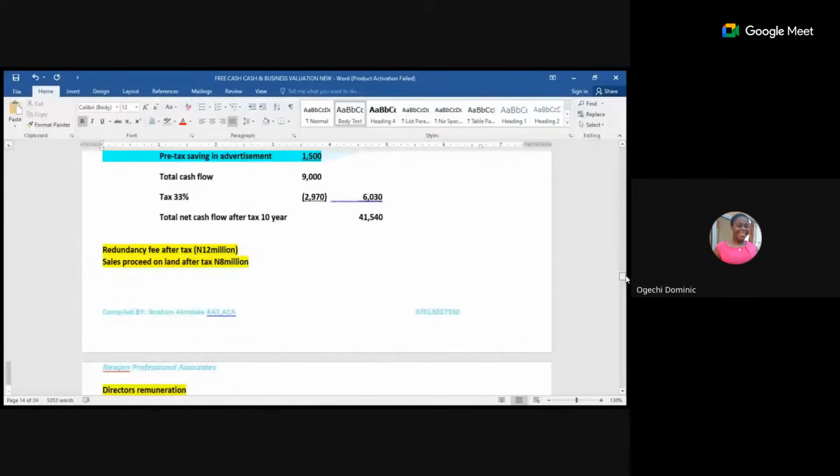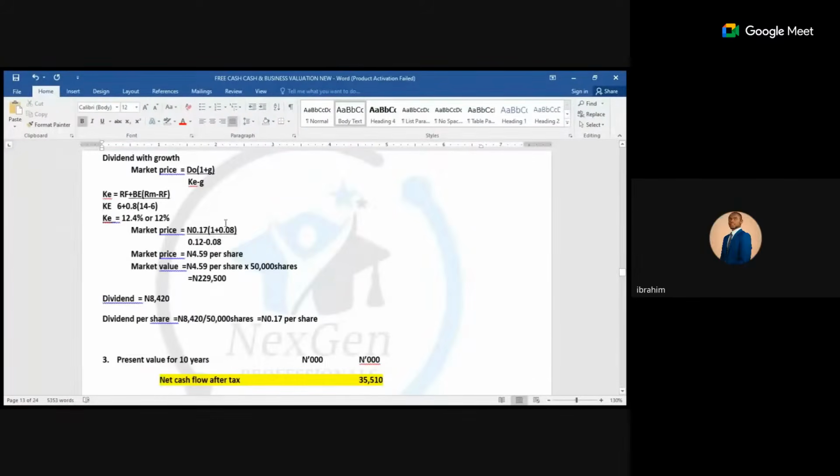Are we not using the table format? No, that one we waste time now. Okay.